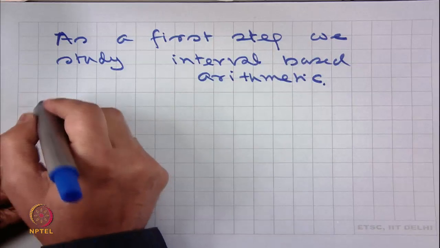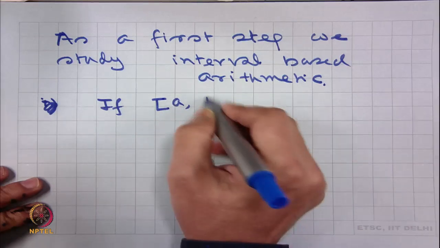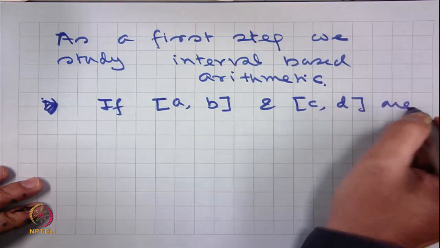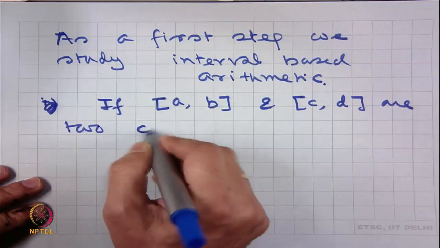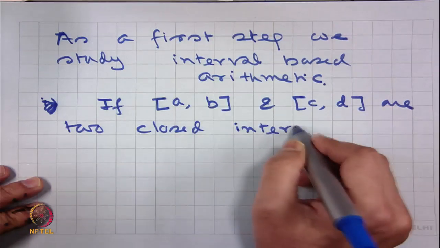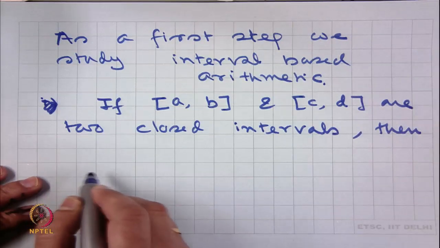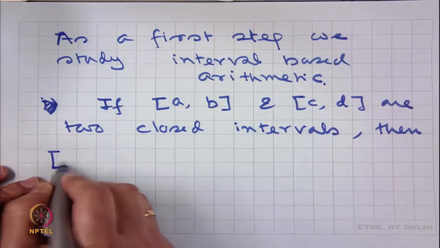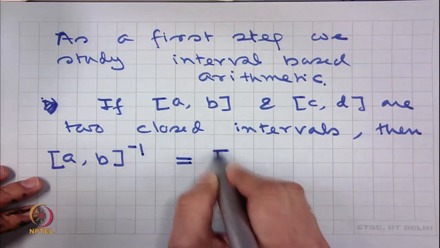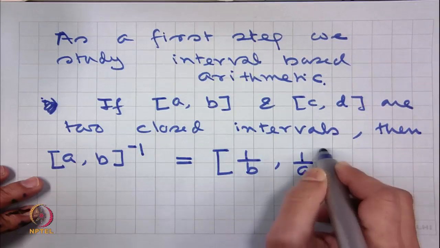So, if [a, b] and [c, d] are two closed intervals, then [a, b] inverse is equal to [1/b, 1/a].